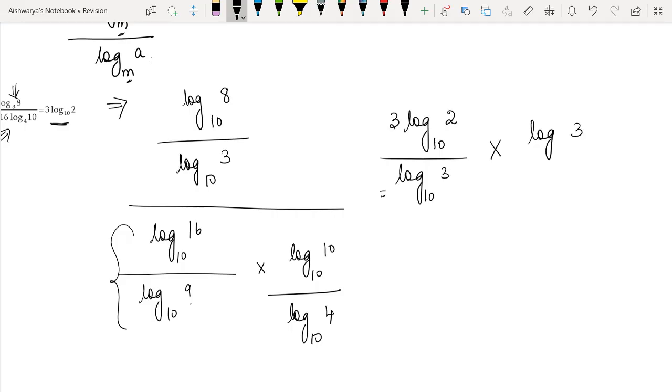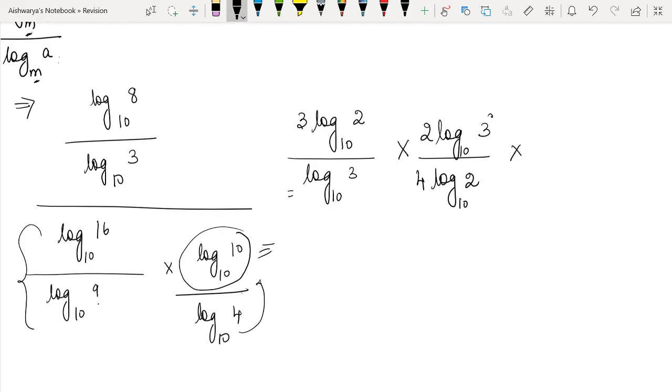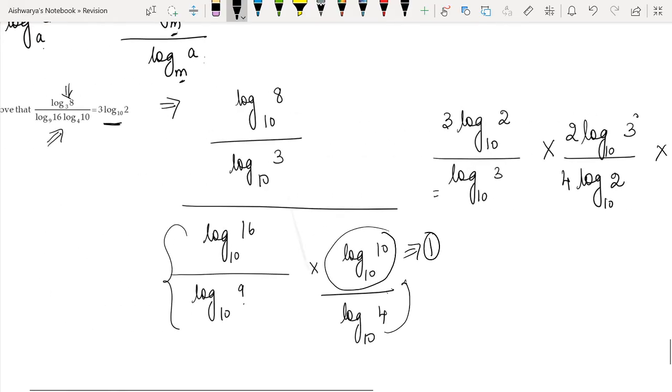Log 9 is 3 square, so that square will come out, divided by log 16. 16 is 2 power 4, so 4 will come out, base 10. Okay, this is one. Next, this term will go to the numerator and this will come to the denominator. Log 10 base 10, the value is 1. This is one property probably I didn't write here.